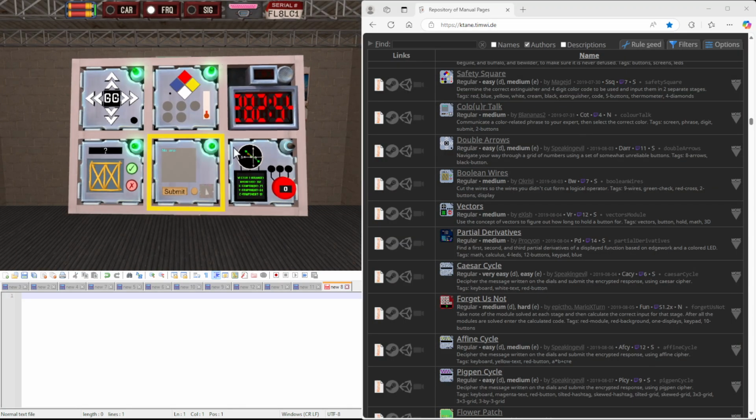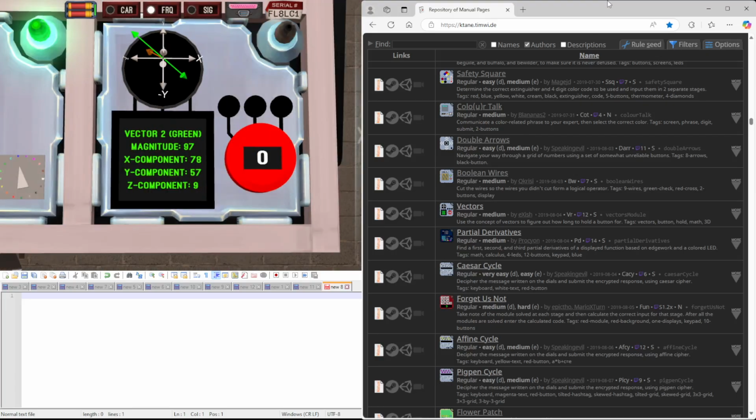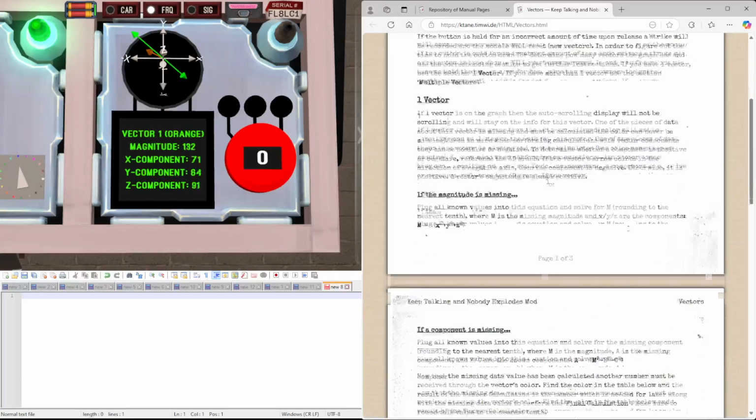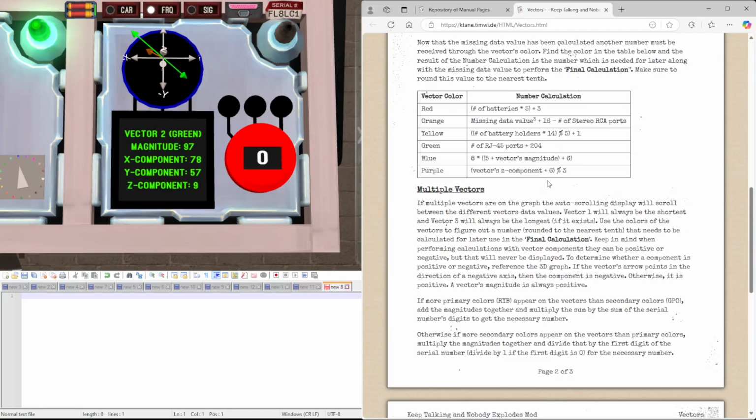And finally, vectors. So, auto vectors. The auto vectors on the graph. It will always be the shortest of the vectors.